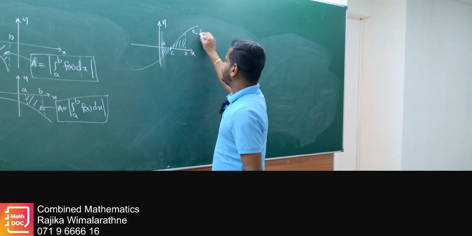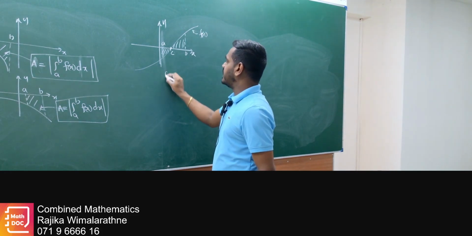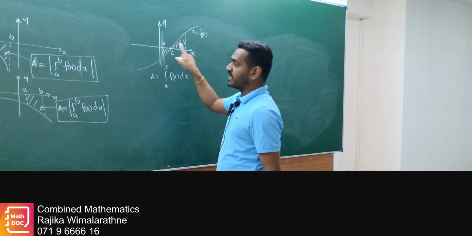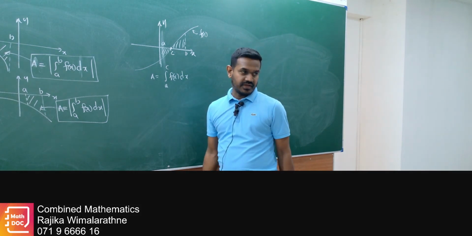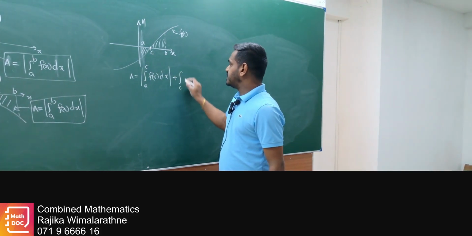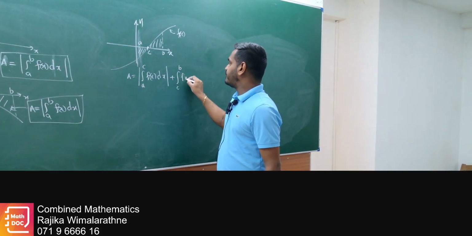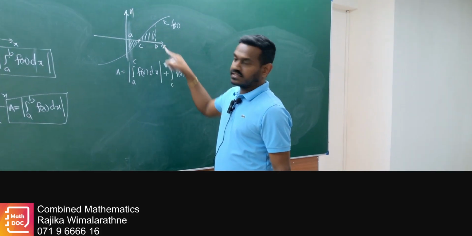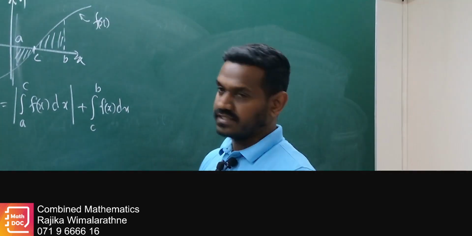Then function f(x), you need to integrate a to c first, but we get a negative value, no? Then for that part put modulus. Then c to b f(x) dx, c to b is the positive region, so positive. No need to put modulus here.